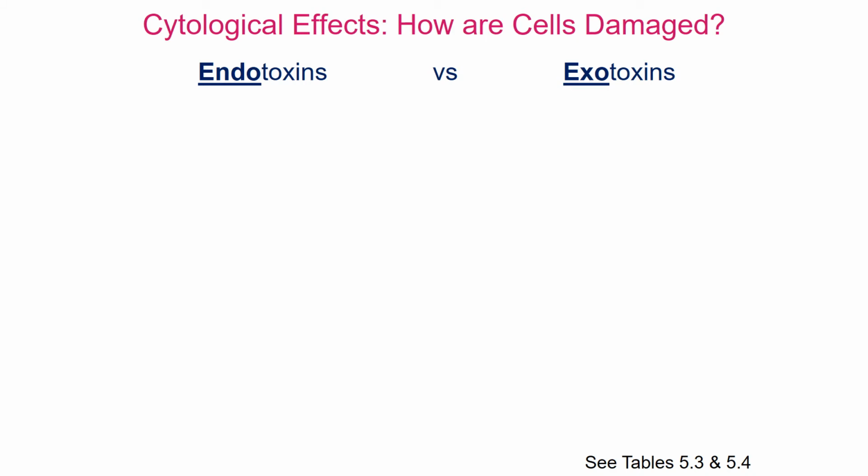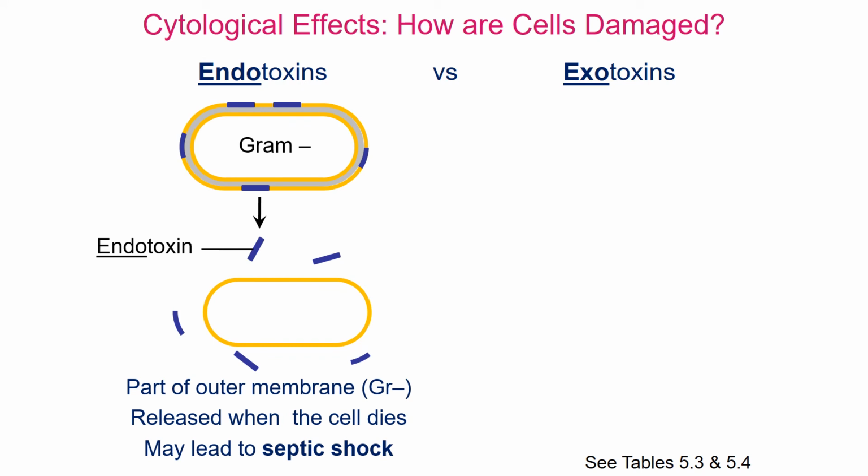So cytological effects. I want to talk about different types of toxins, endotoxins and exotoxins. The word endo means inside, and so endotoxins are things that are actually inside bacteria. There are actually a few endotoxins. You can go look in your textbook, I have this note here about tables 5.3 and 5.4.